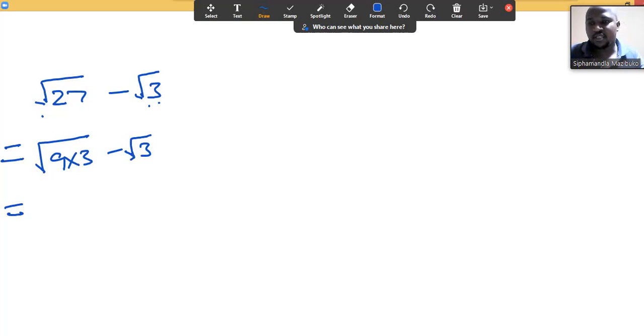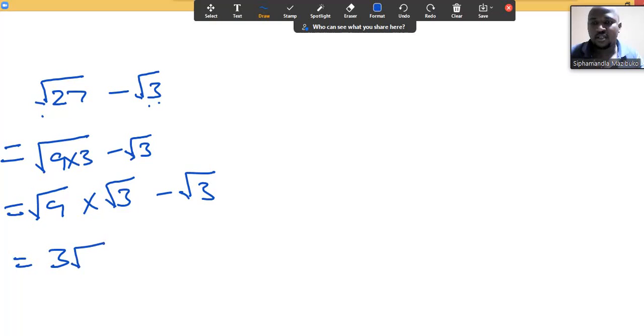With this 9 times 3, we can say we have root 9 times root 3 minus root 3. Root 9 is 3. The square root of 9 is 3. So we have 3 root 3 minus root 3. What does this mean?